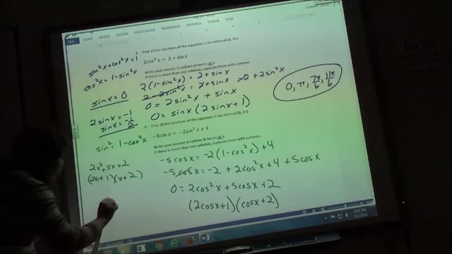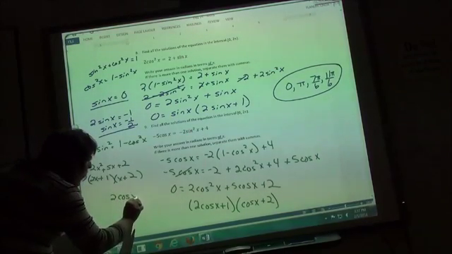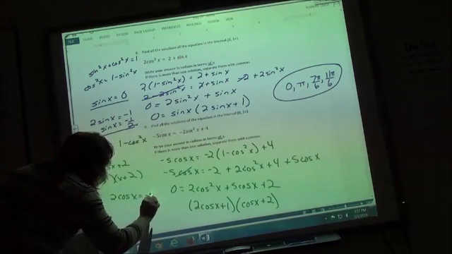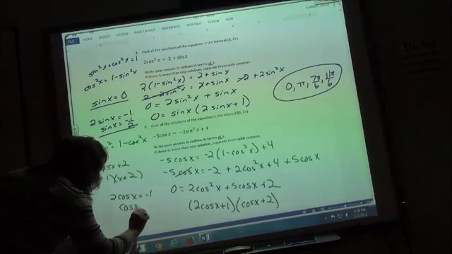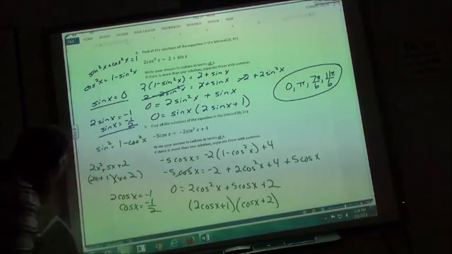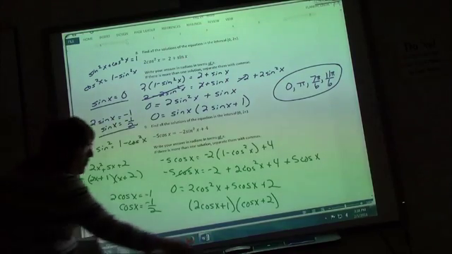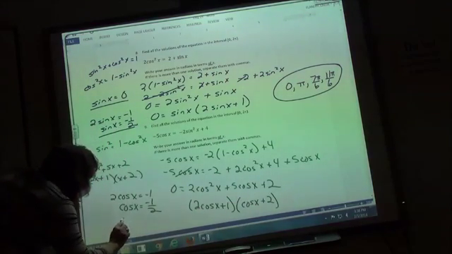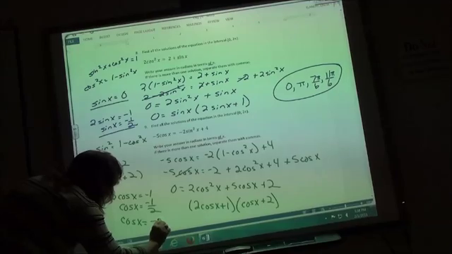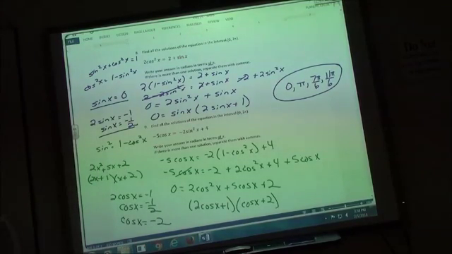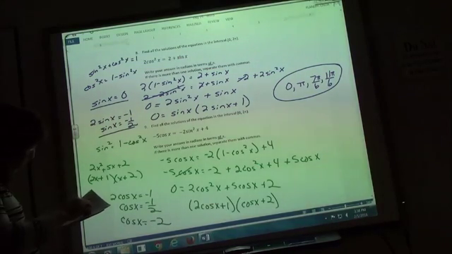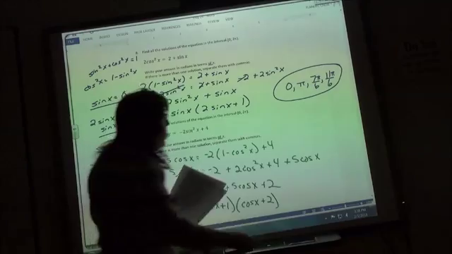So 2 cosine of x would equal minus 1. Cosine of x is going to equal negative 1/2. That's one of them I'm going to look up. And then over here, cosine of x would equal negative 2. So I'm going to look up where the cosine of x equals negative 1/2 and negative 2. Cosine of x equaling negative 1/2 would be at 2 pi over 3.